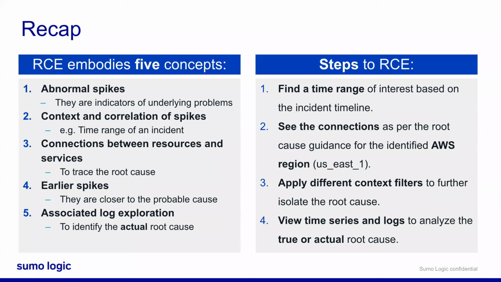There's a correlation between time, and those can be associated. Earlier spikes, something happened a while ago, and as a result some other things happened or didn't happen, and you can start to see that. And then the log exploration, where we saw the write verify failed. We can start to actually look into the logs to see the specifics of what went wrong.